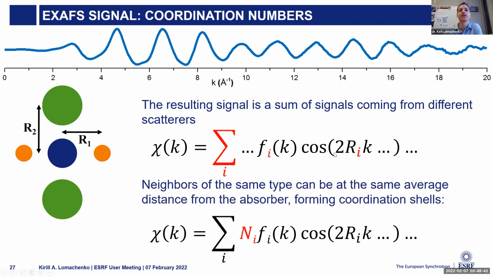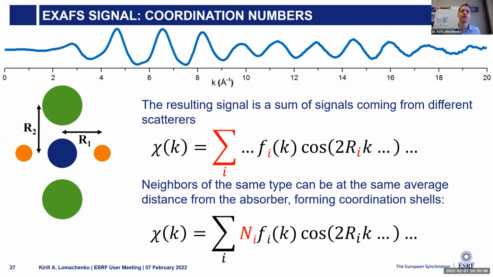And then the neighbors can be combined into different coordination shells, because it happens pretty often in materials that atoms of a particular type are at the same distance from atoms of the other type. In crystals, for example, this happens quite often, and so they form coordination shells.